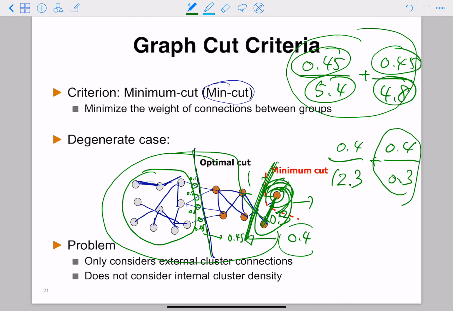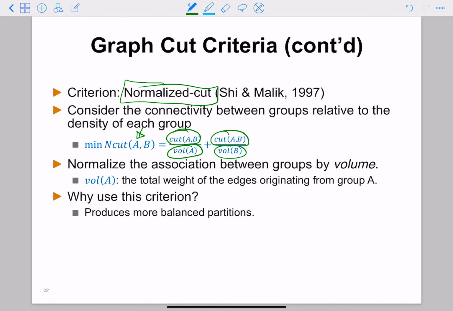So at this point, this cut measure is really exaggerated or expanded. Overall, this measure may be better than the other measure. Using this measure as our criterion to minimize when performing graph clustering is called the normalized cut. The main effect of the normalized cut is that it produces more balanced partitions or clusters.